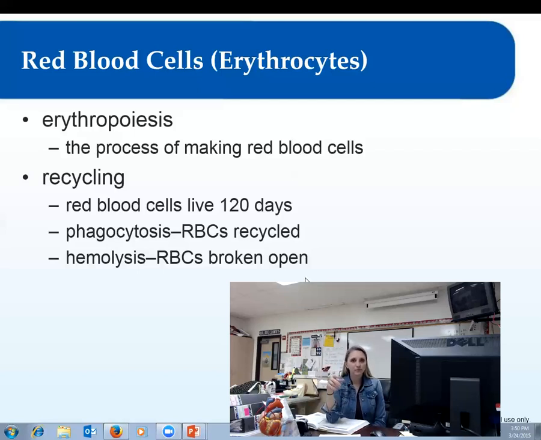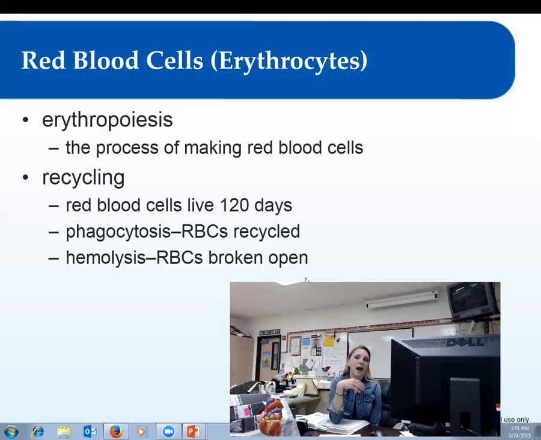Erythropoietin. Now this hormone actually stimulates erythropoiesis in the bone marrow. So the kidneys kind of initiate this process of remaking red blood cells. At that point, this erythropoietin stimulates the stem cell production in our bone marrow to produce red blood cells.